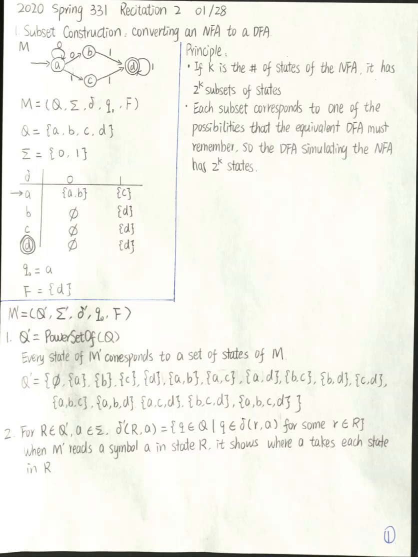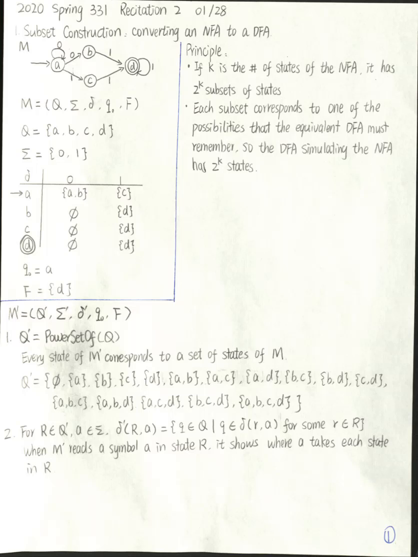If we write the states explicitly, this Q prime is going to be the empty set, all the singletons, all the sets containing 2 elements, all the sets containing 3 elements, and the set containing all 4 elements. So there are 2 to the k many states.